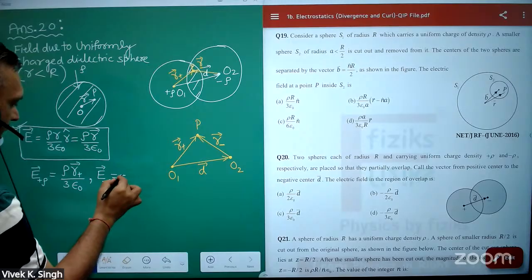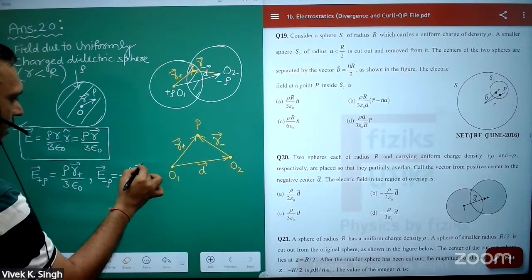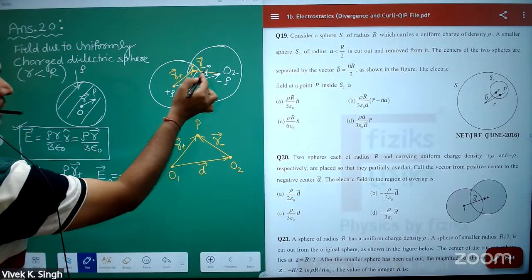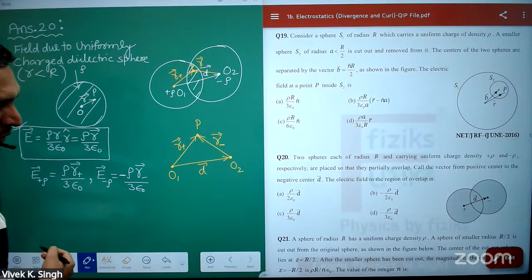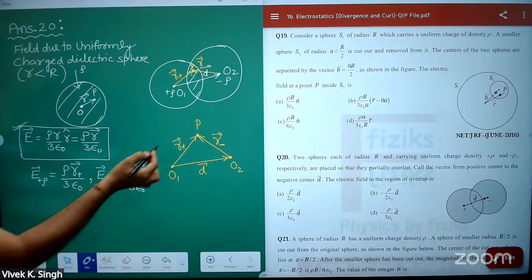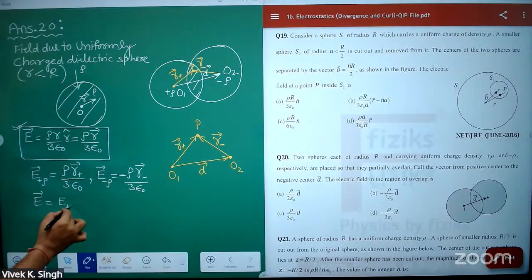If charge is negative, I will write here minus rho R minus by 3 epsilon naught. From the center to point P, the position vector is R minus. Minus sign because charge is negative. So the resultant field E is given by superposition, the vector sum of these two fields.